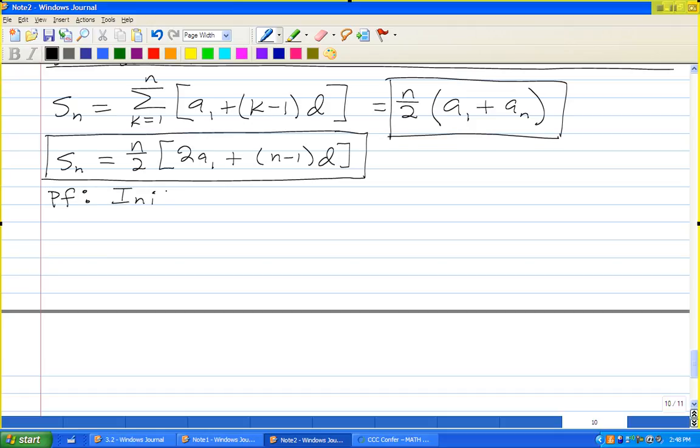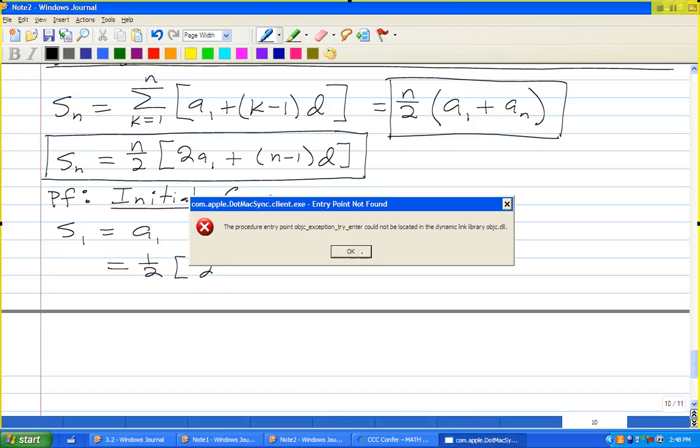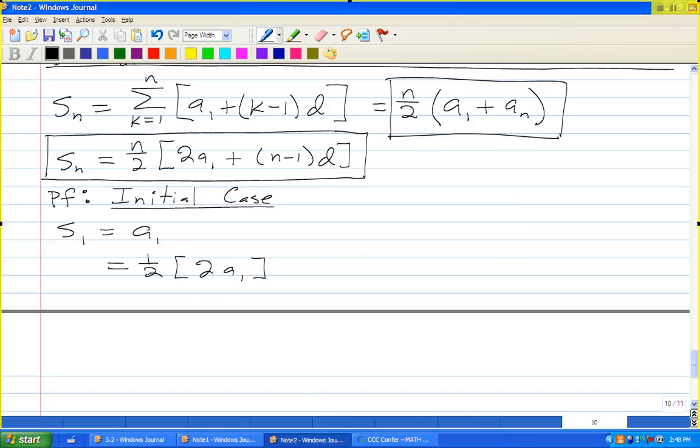So I'll first do the initial case. I wish to show that this formula is true when n is equal to 1. And so I know that S sub 1 is a sub 1, because that's the recursive definition of the partial sums. And this is the same as 1/2 times 2 a sub 1. The 2's just cancel.